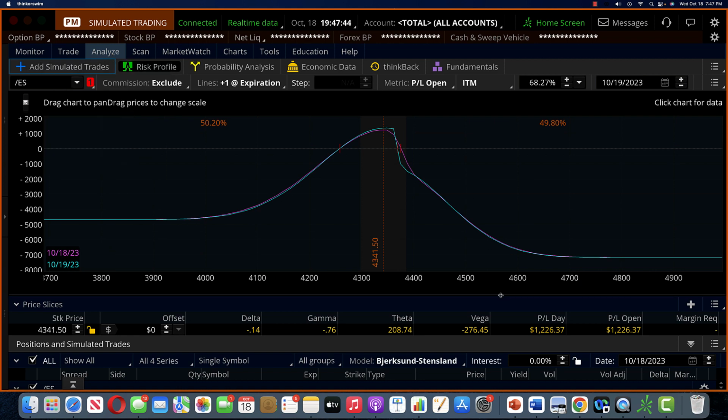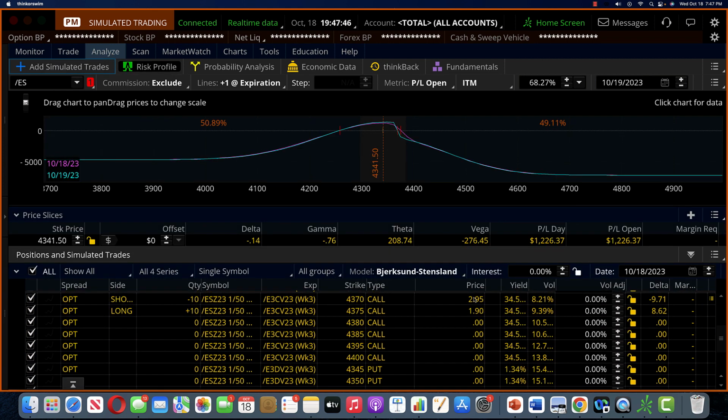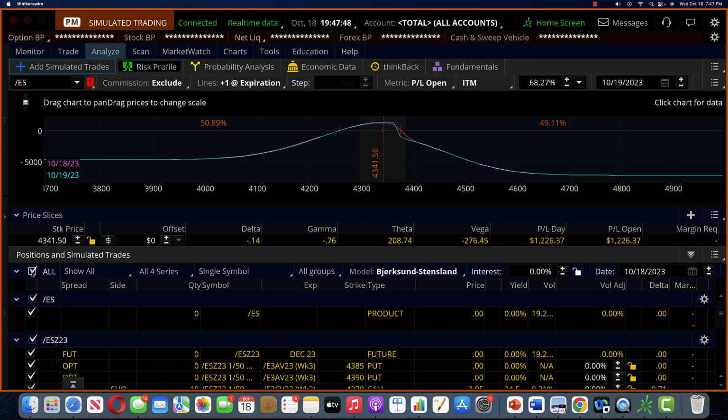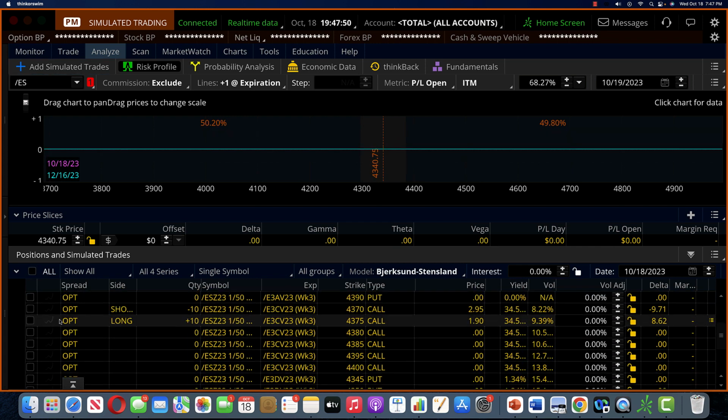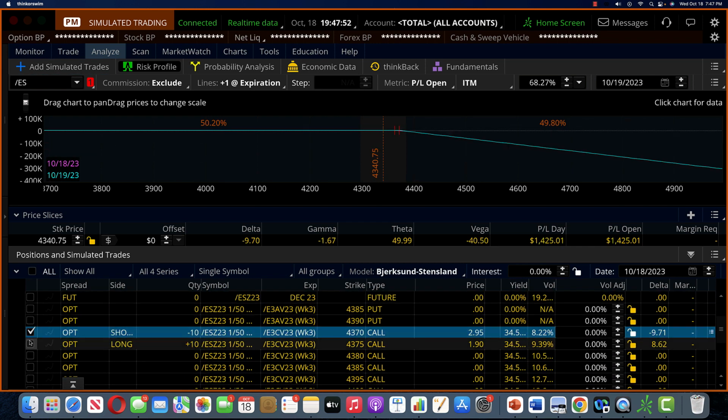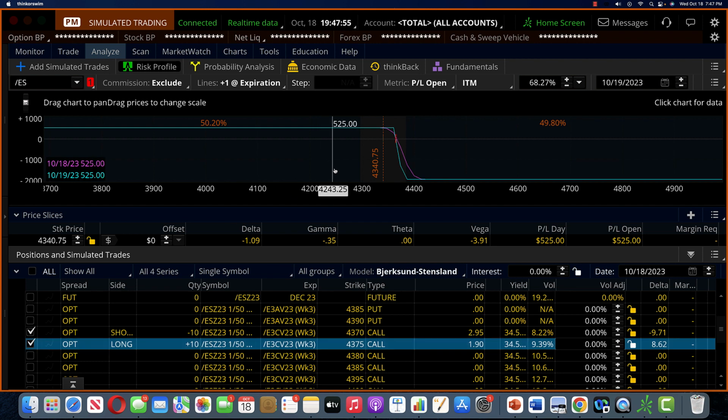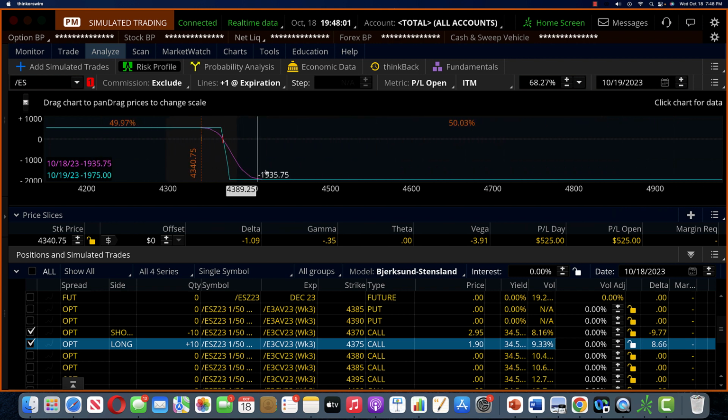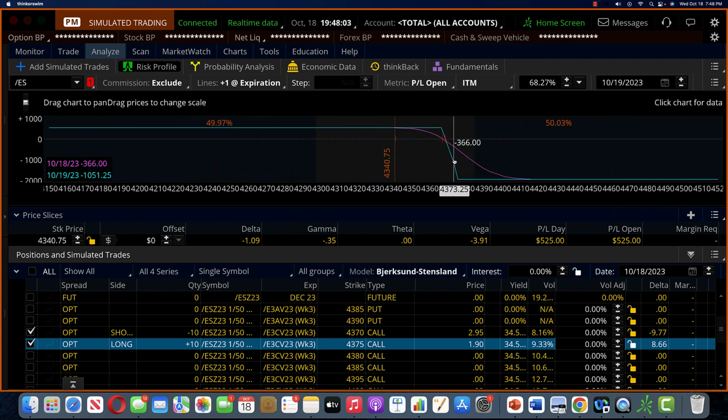Now, if we look at that now and see how that looks, it's reached 100%. So reached 100% max profit. And I was risking about $500 here.